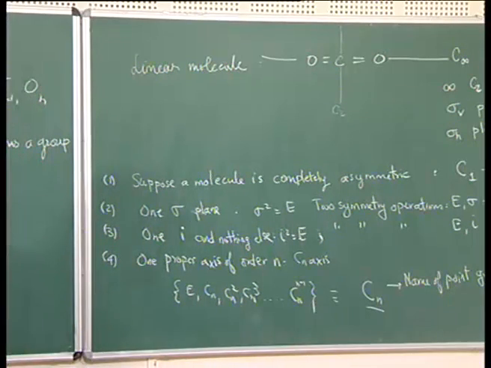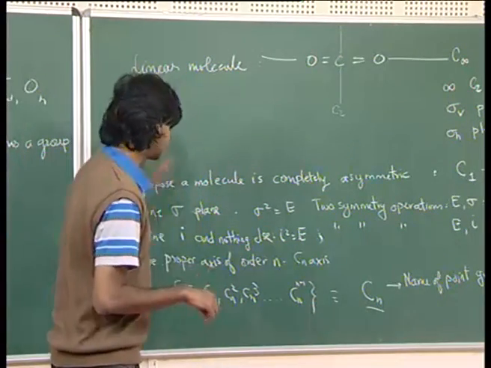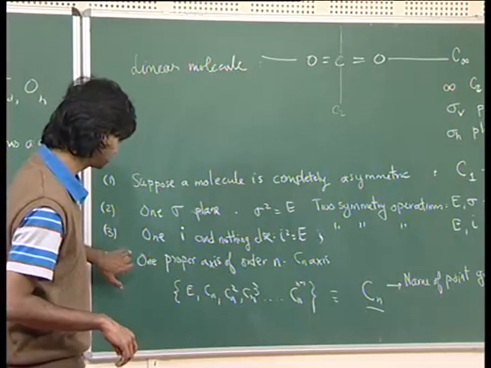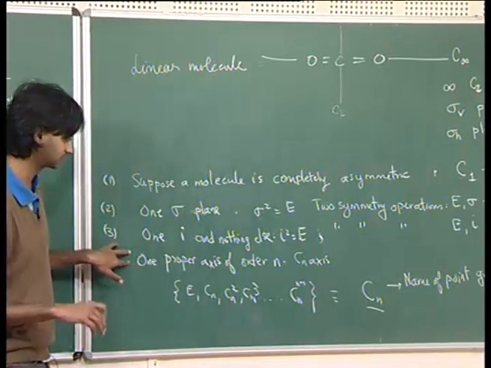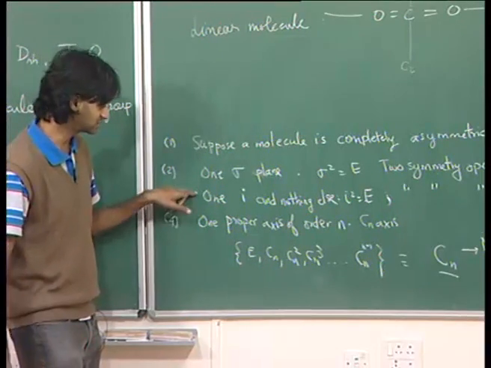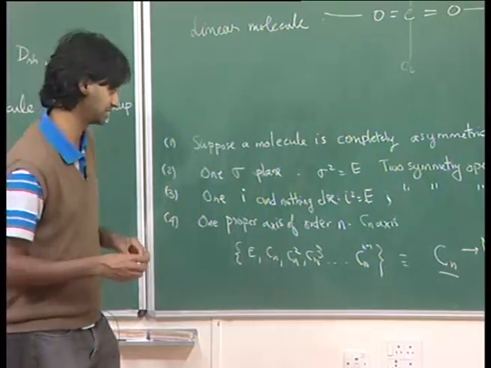So, the same symbol is used for all the three things, but it is important not to confuse the three of them. So, if your molecule possesses only one proper axis of rotation and nothing else. This was one I and nothing else, one sigma and nothing else, then this is how you would name them.